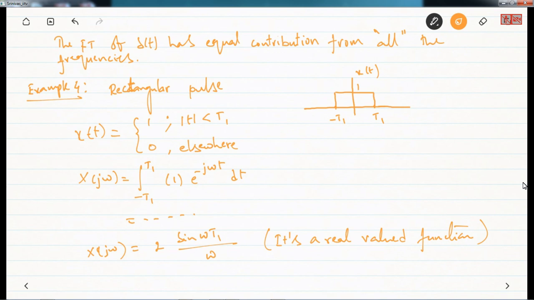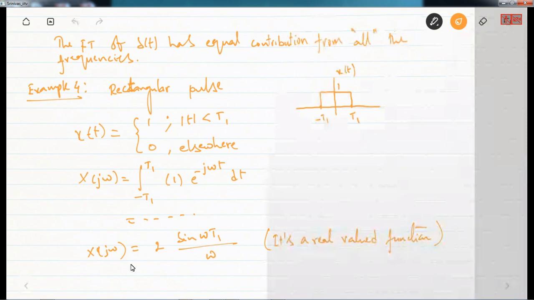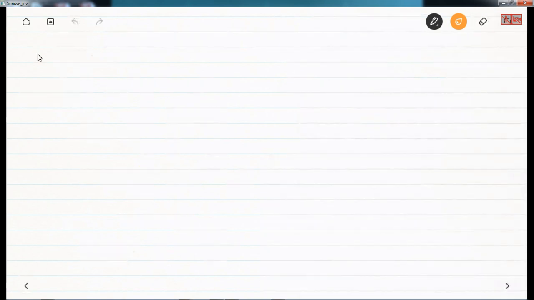So just as a last example, what should we take? The last example is example 5.